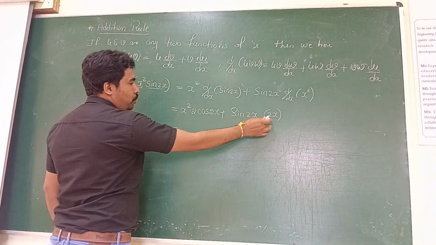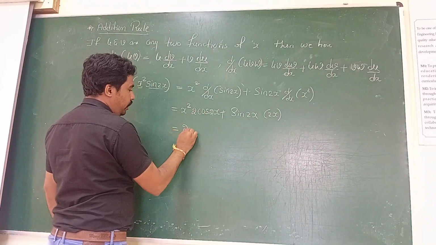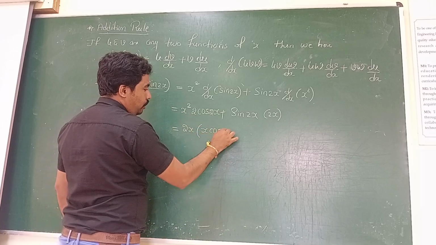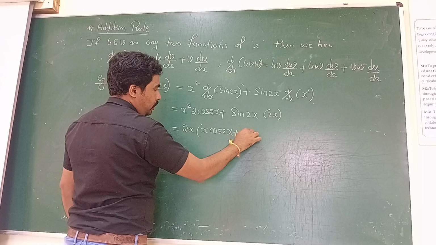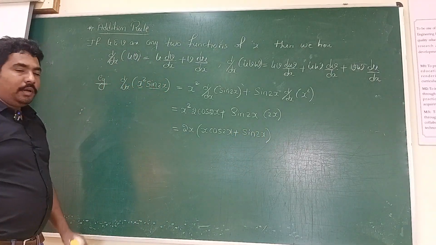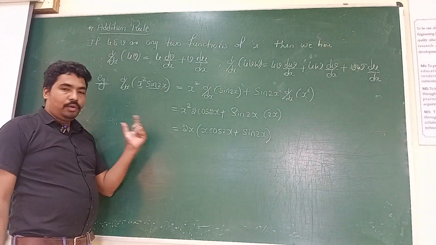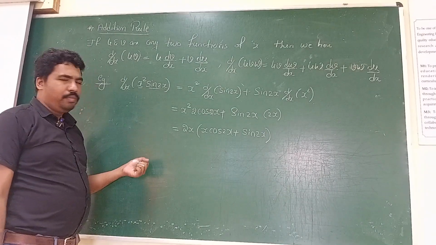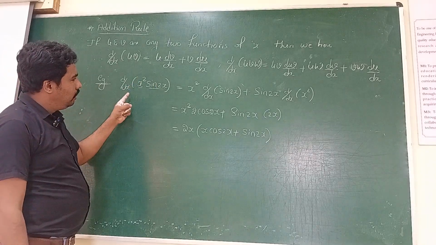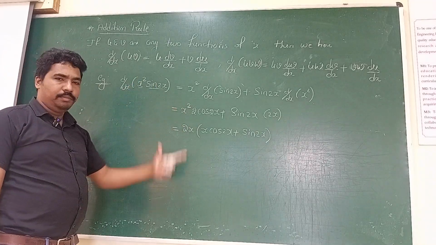See, both sides 2x is common. So if I take 2x outside, here it is x into cos 2x plus sin 2x. So this is how we are operating the product rule. Okay, it is very simple. If we know the basics properly, then the problems are very simple.